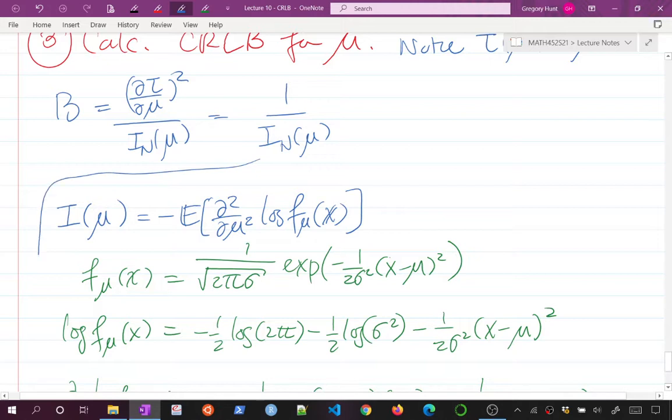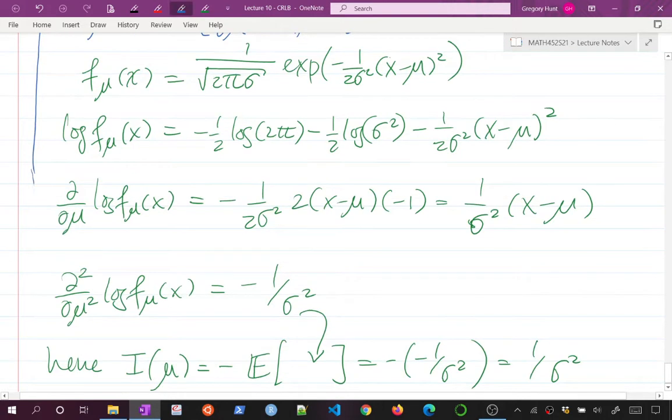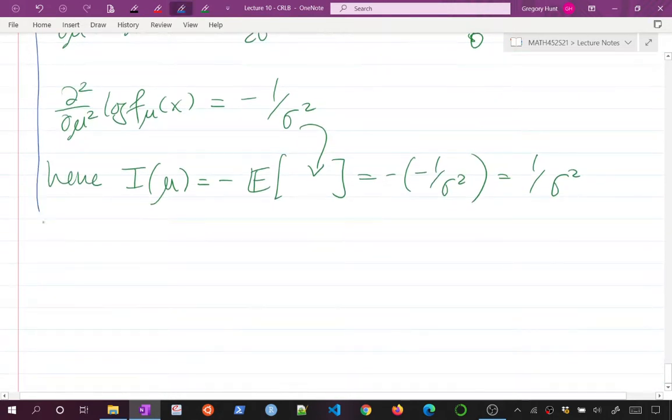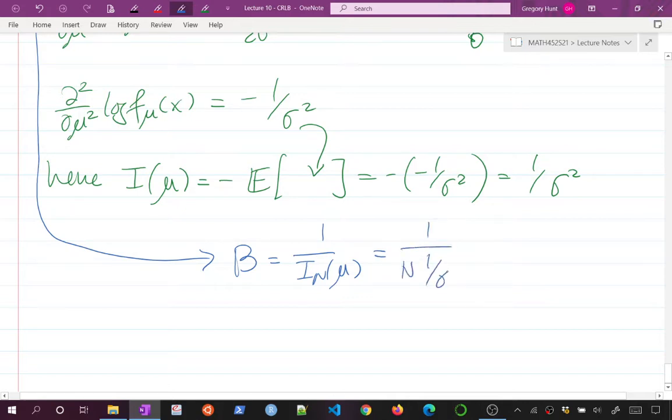It's just 1 over that. Which tells us that the Cramer-Rao lower bound is 1 over the information for mu, which is 1 over n times 1 over sigma squared, which is sigma squared over n.